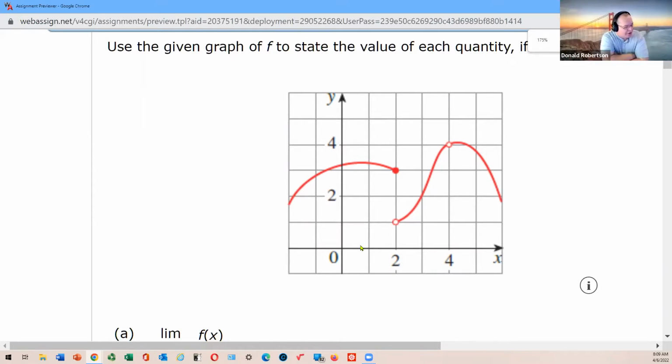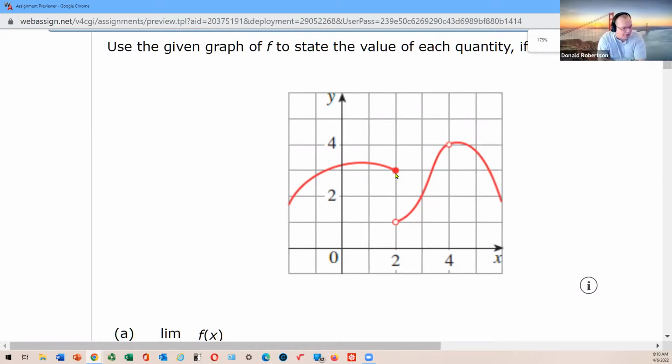What is the limit as x tends to 4? 4. Yes. What is f of 2? 3.